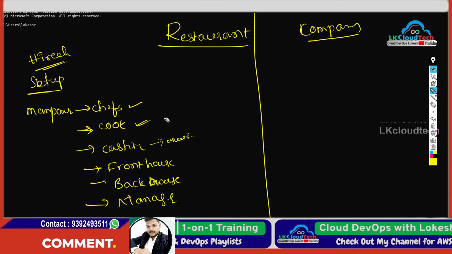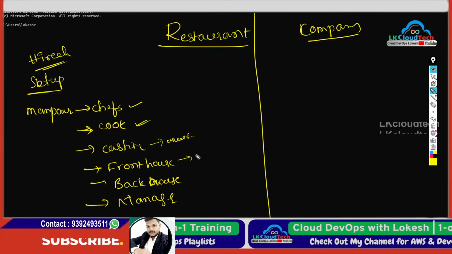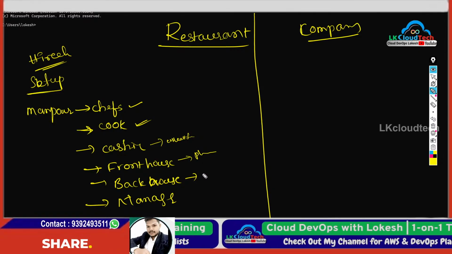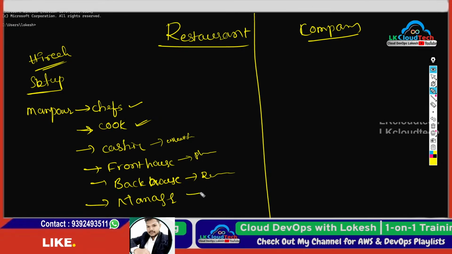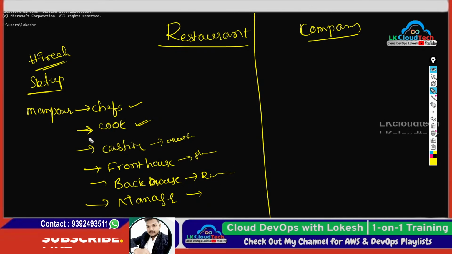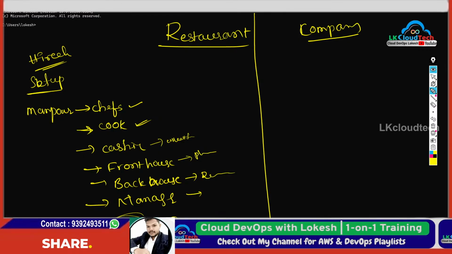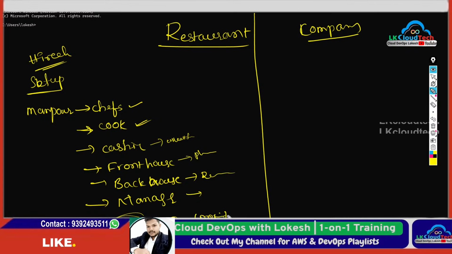The front house will take care of plates and serve. The back end team will check in the background what raw materials need to be ready. The manager will take care of the entire restaurant, and above them are the investors, who talk about profits. So this is in general, correct?